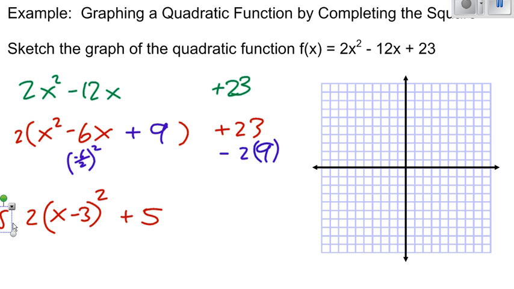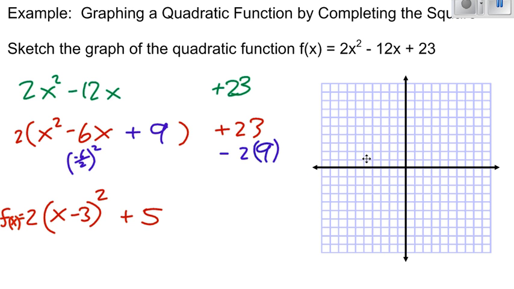So our function is f of x equals 2(x minus 3) squared plus 5, which means it's a parabola shifted up 5 and right 3.